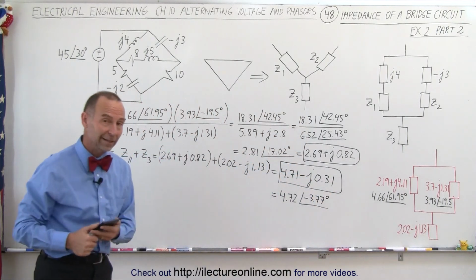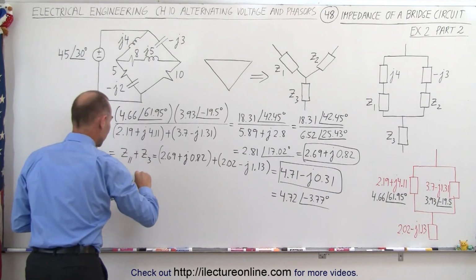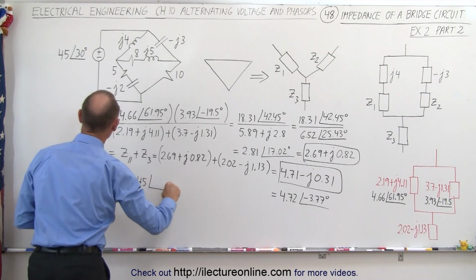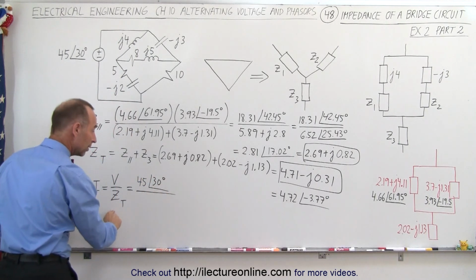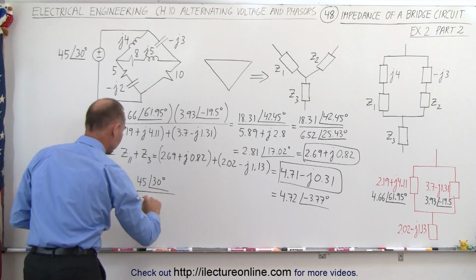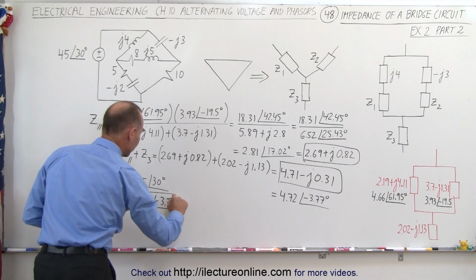Okay, now we can go ahead and find the current in the circuit. We take the voltage, which was given to be 45 with a phase angle of 30 degrees, and divide that by the total impedance, which is 4.72 with an angle of minus 3.77 degrees.